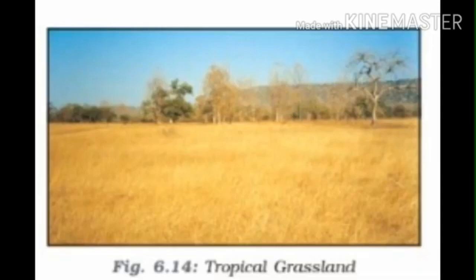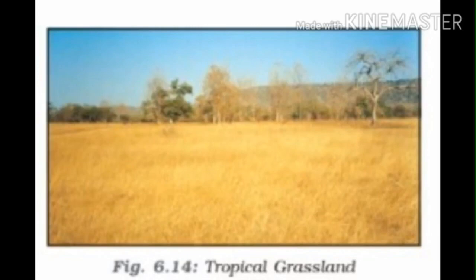Okay, in this type of grasslands, what vegetation is found? Yes, tall and thick grass along with scattered trees. These are the main vegetation of these grasslands. Clear, children? Okay. In which areas are they found?